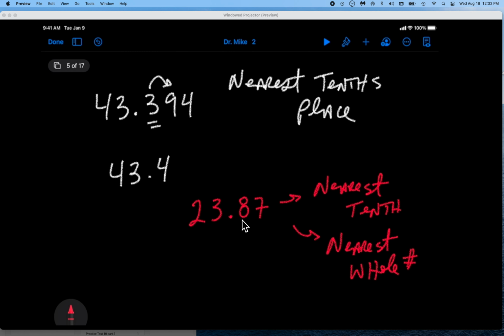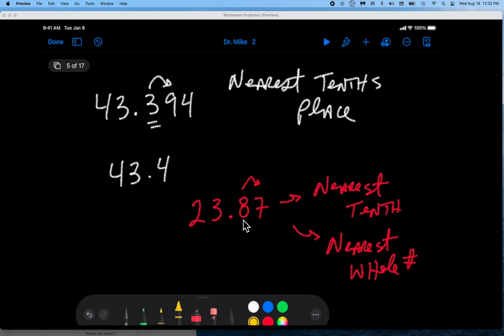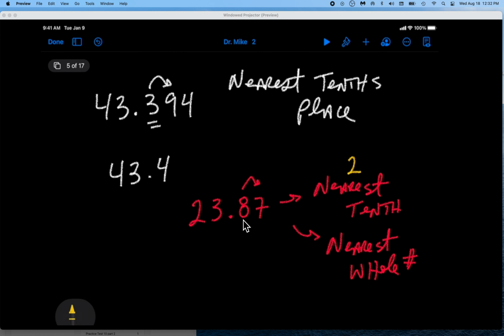We go to the tenths place. Then we go next door. If it's 5 or bigger, we go up. The answer to this is 23.9. Nearest whole number. We go to the whole number. We go next door. If that number is 5 or larger, we raise the whole number. That's your answer.